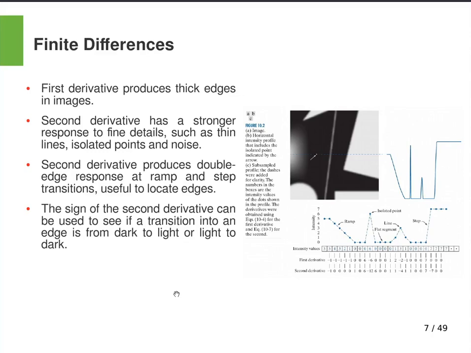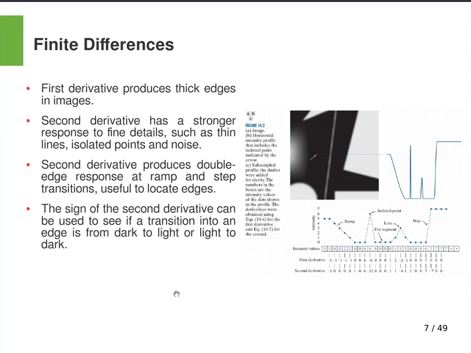First derivatives, when applied to images, usually produce thick edges in images. On the other hand, second order derivatives have a stronger response to fine details such as thin lines, isolated points, and noise. Also, there was another property for the second order derivative, and that property was that the second order derivative produced a double edge response at ramp and step transitions, and that was useful to locate edges.